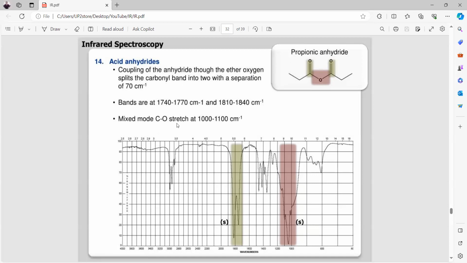Mixed mode C single bond O stretch is at around 1000 to 1100. If you have an acid anhydride and see this shape around 1800, you have two carbonyl signals. If you have this shape, you have an acid anhydride functional group.